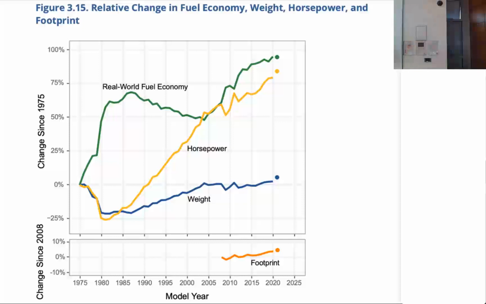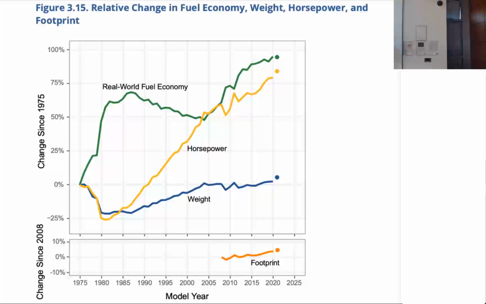But there's two other things going on. In blue, you're looking at the weight of the average car on the road, which went up a little bit, but still it went up. And then in yellow, you're looking at the power of the engine, which went up and up and up.